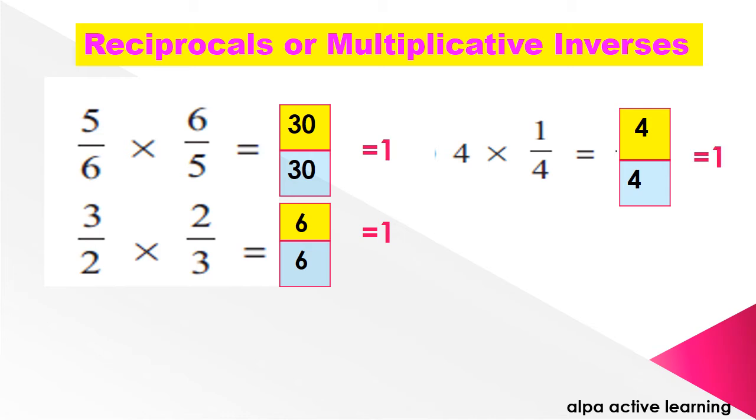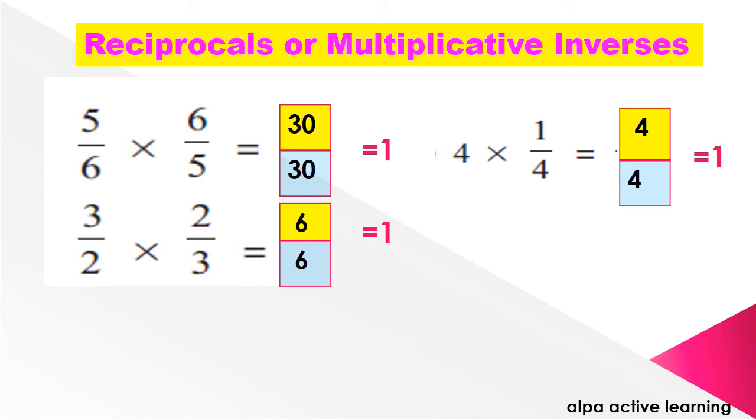Now, look here. When I am multiplying 5 upon 6 into 6 upon 5, my answer is 1. With 3 upon 2 into 2 upon 3, answer is 1. And 4 into 1 upon 4, answer is 1.